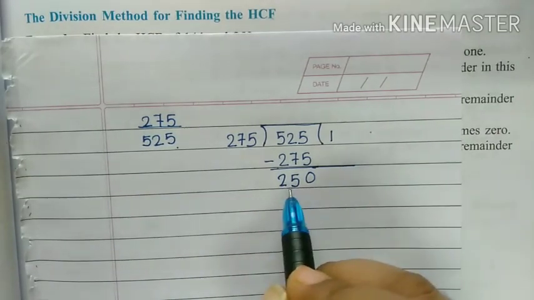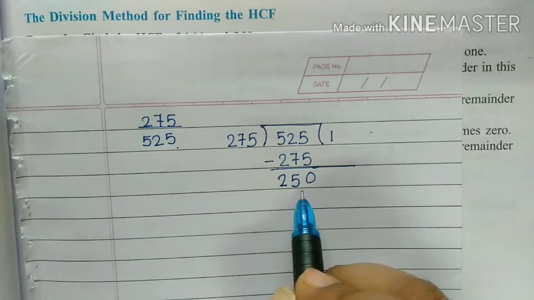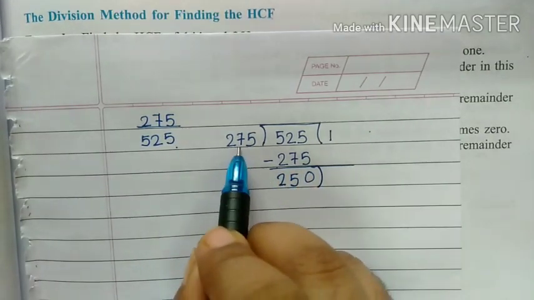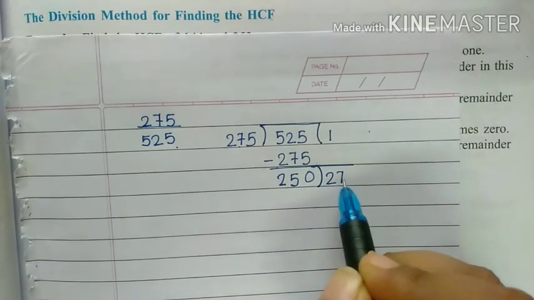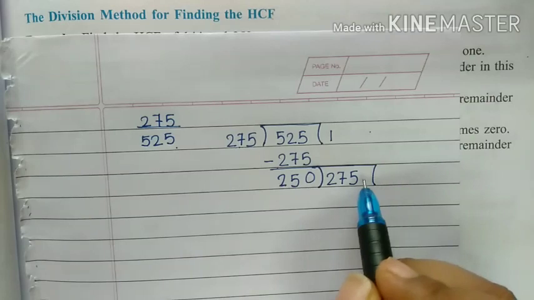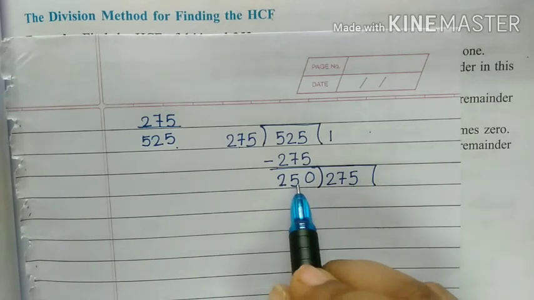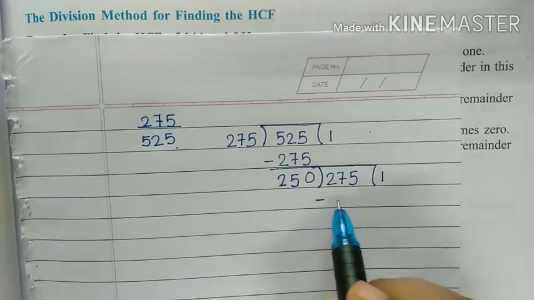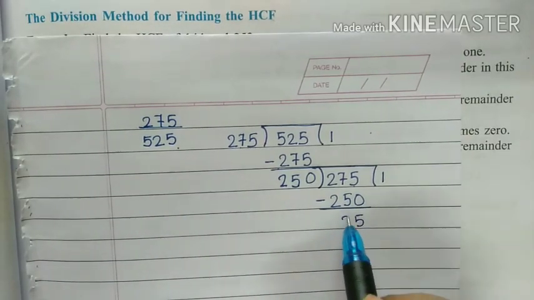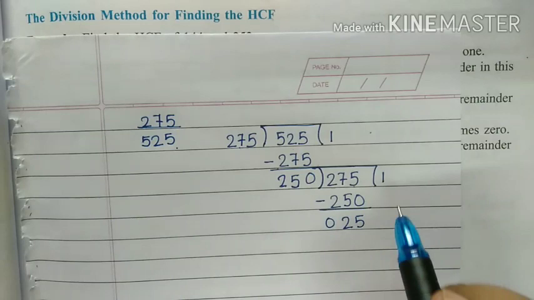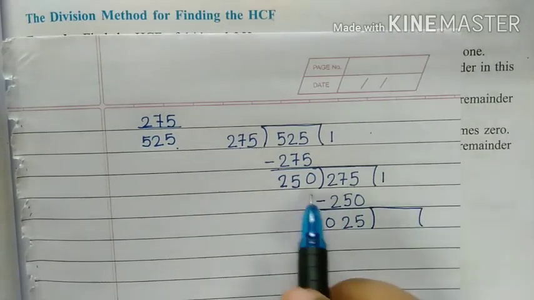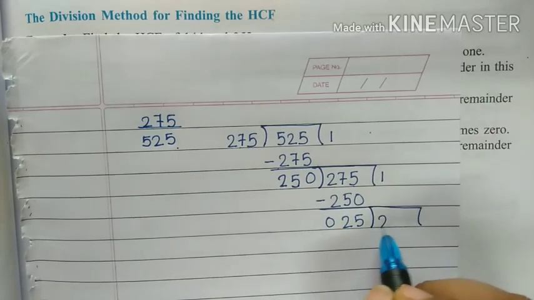Now this is my remainder. The remainder becomes my divisor and the previous divisor becomes my dividend. So 275 divided by 250, once is 250 subtracted, the remainder is 25. Now this remainder becomes the divisor and the previous divisor becomes the dividend.